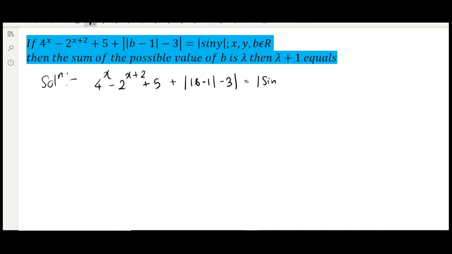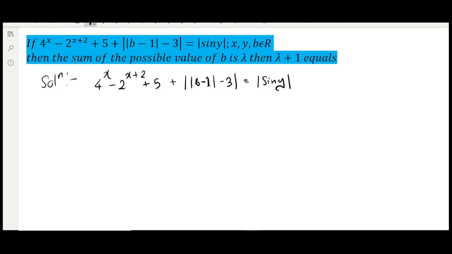In this sort of problem, when you have more than one variable, we try to use conditions like boundedness. This gives us a hint that we have to use the concept of boundedness or extreme values. Let me explain how.